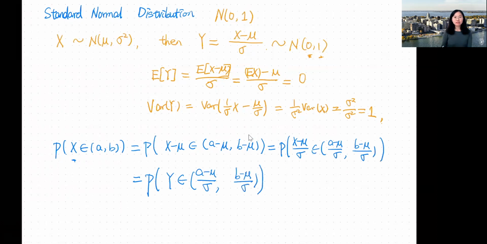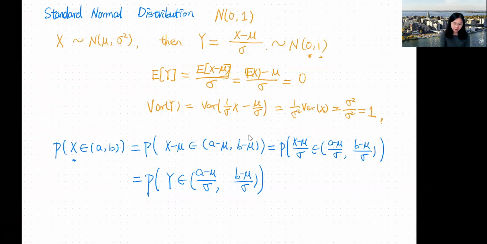So we only need to know how to calculate the interval probability for standard normal random variable. And that's enough for us to figure out easily the probability that a general normal random variable belongs to some interval. So next, we're gonna focus on how to figure out interval probability for a standard normal random variable.